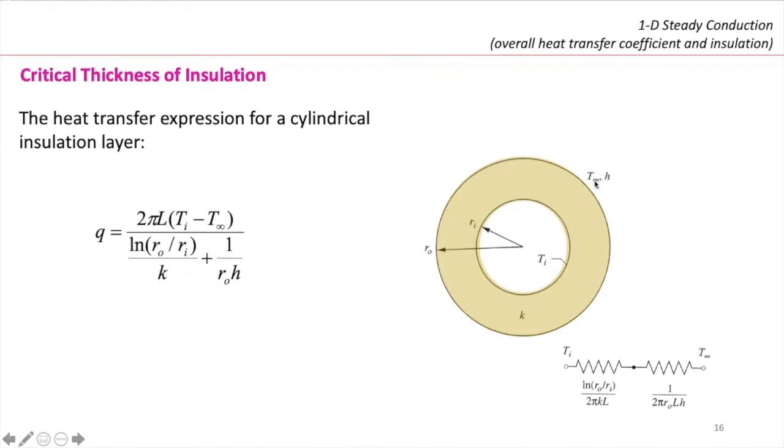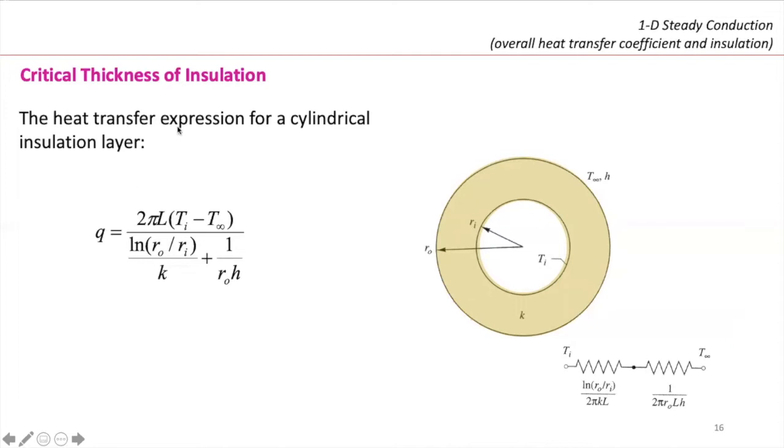So imagine you have this insulation layer. How many resistances will we have for this layer? We will have two, right? The one conduction due to the insulation itself, and the one due to the boundary layer with the surroundings, the convective one, 1, 2.